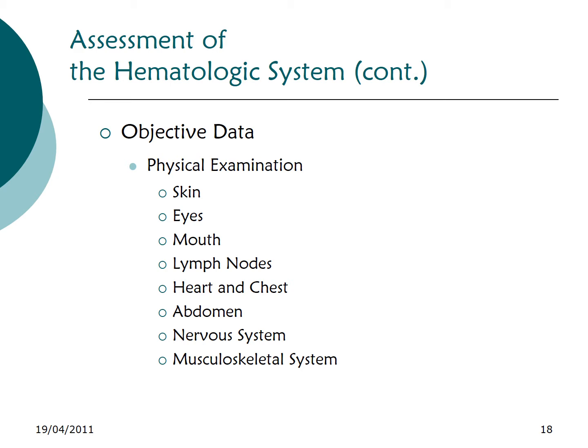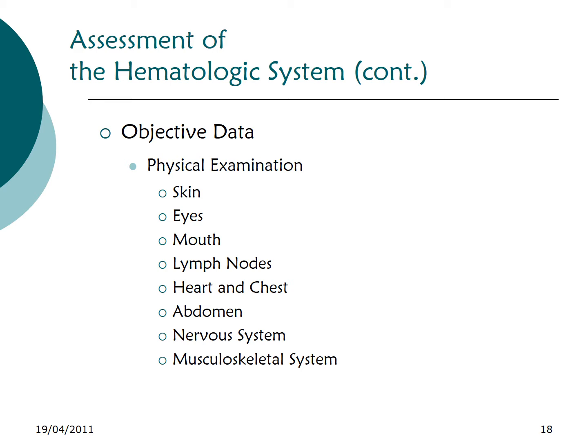Inspect the eye. Is there jaundice? Inspect the mouth for sores. The tongue, is it smooth? Palpate the lymph nodes and see if they are enlarged. Listen to the heart and lung, because anemia can cause heart failure if it's not treated.